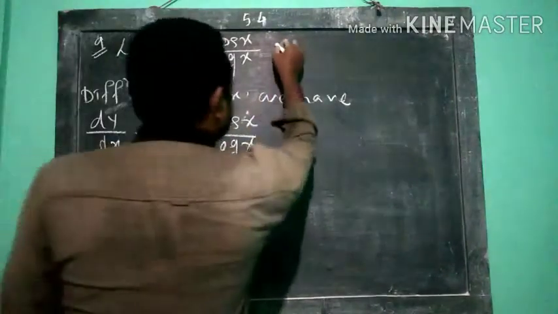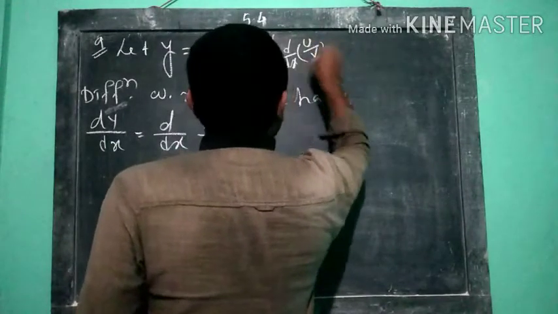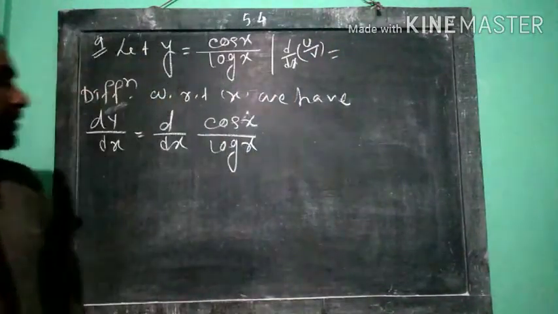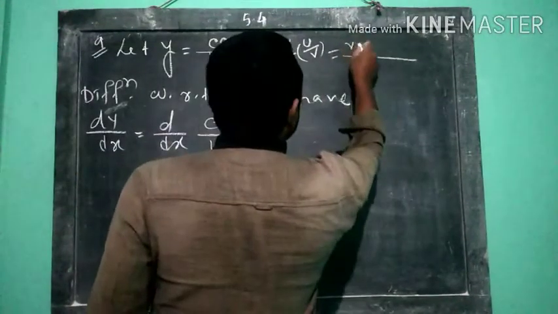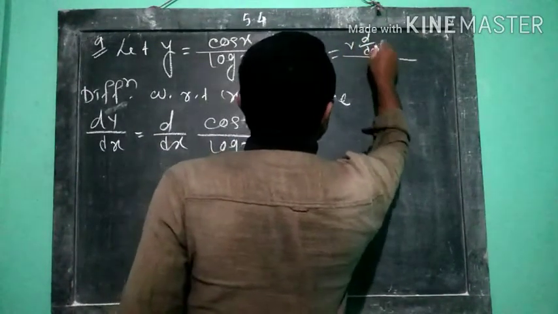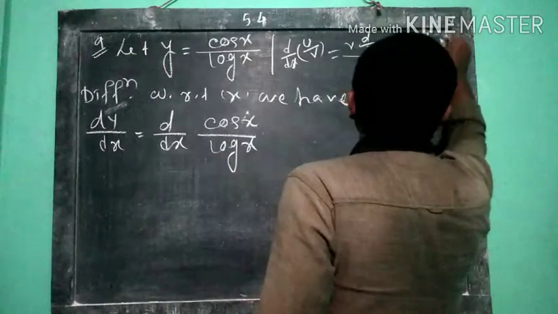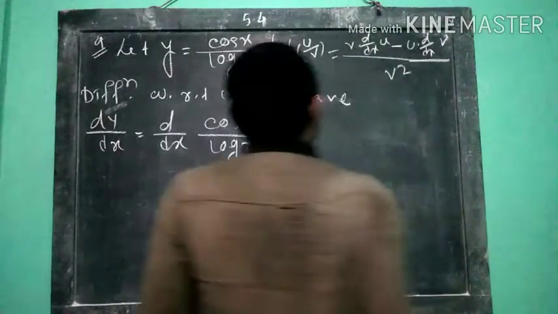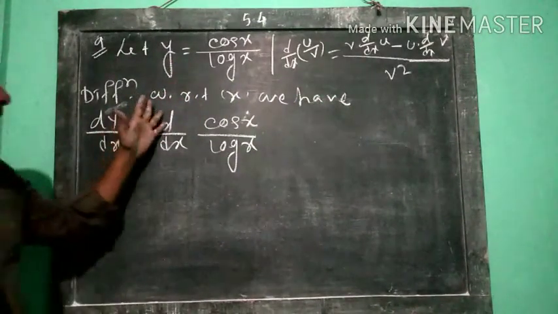Using this formula, d/dx of u by v, the formula is v into d/dx of u minus u into d/dx of v, divided by v square. Using this formula, we are going to solve this problem.